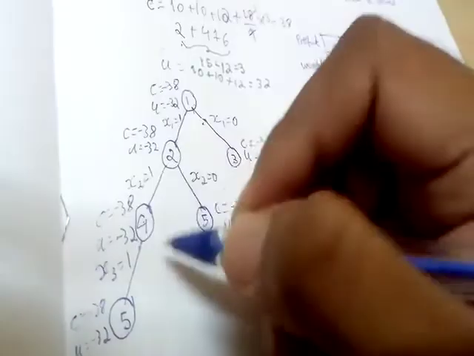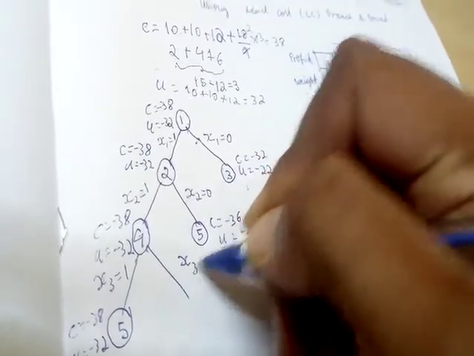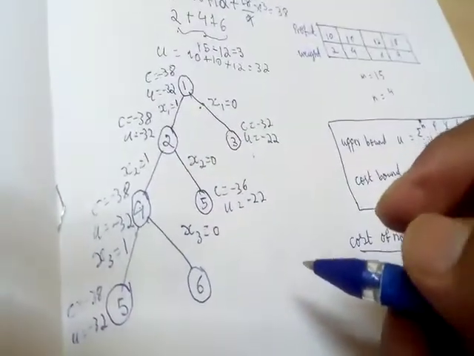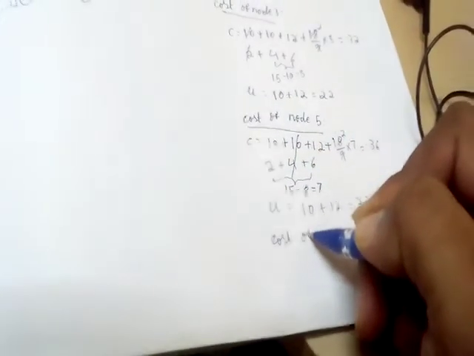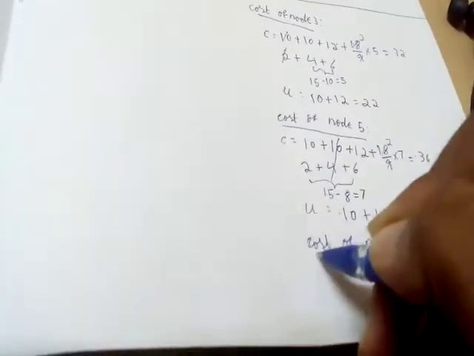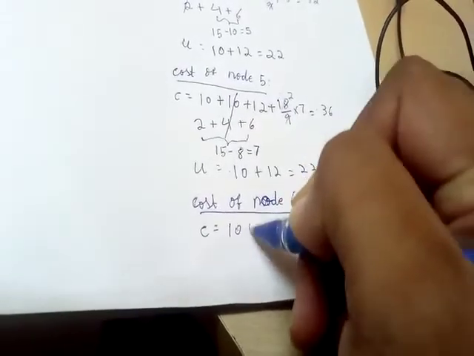So after this, I have to consider one more scenario where the third item is not added. Suppose what will happen when the third item is not added to the knapsack. So that is indicated by node 6. So here I have to find out the cost of node 6. So in order to find out the cost of node 6, I have to consider a scenario where the third item is not added.